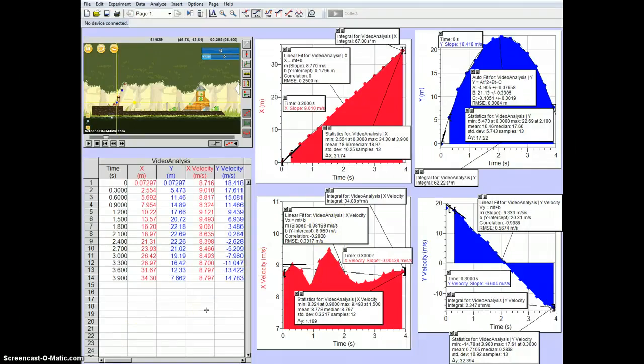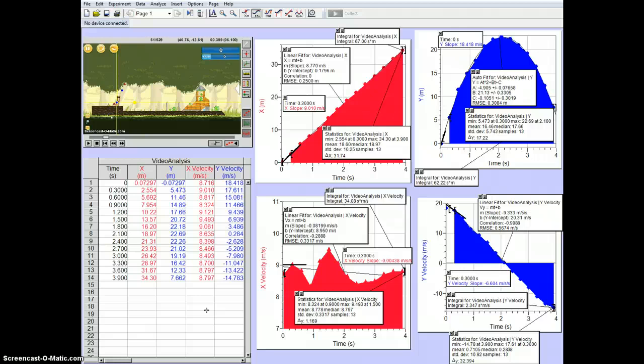Okay, now we're going to be moving on to the statistics of x. So the minimum is 2.554 and the max is 34.3, and the mean is 18.6, median is 18.97, and the standard deviation is 10.29.